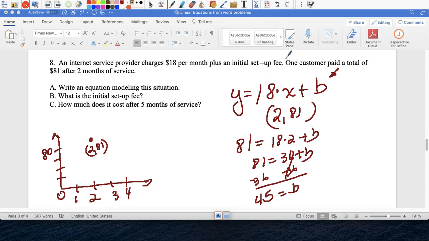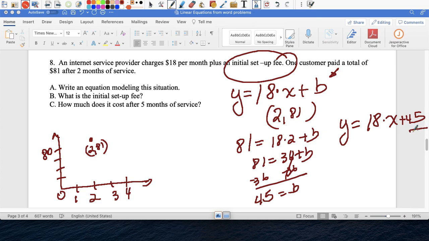So there is your initial setup fee, $45. So y equals $18 per month plus the $45 fee. So if you were to sign up with this company, before you even start using the internet, they would charge you $45 as a setup fee, and then $18 per month.